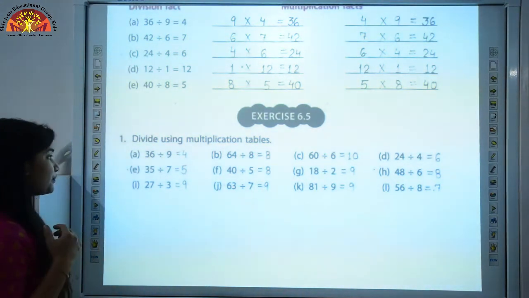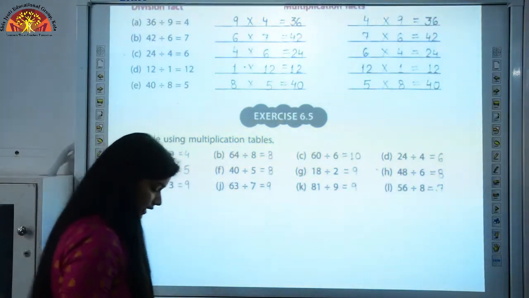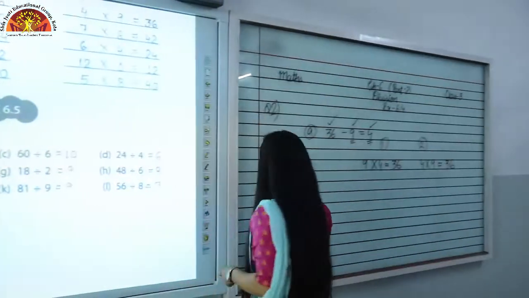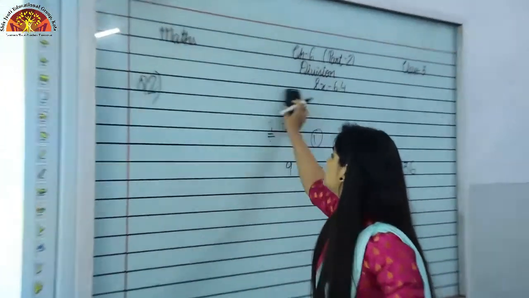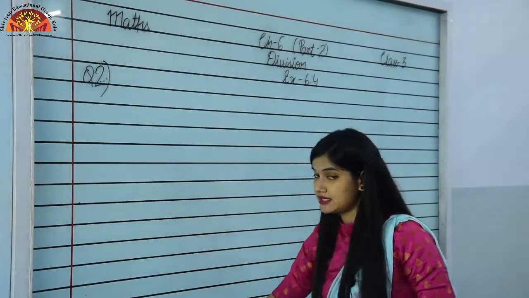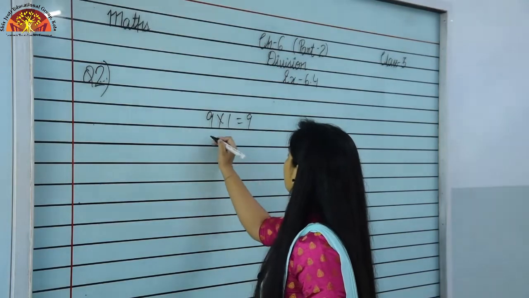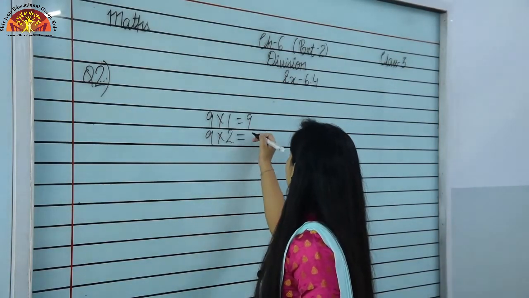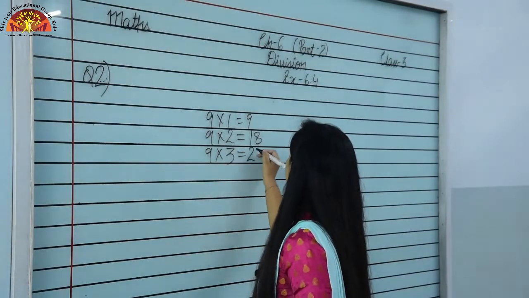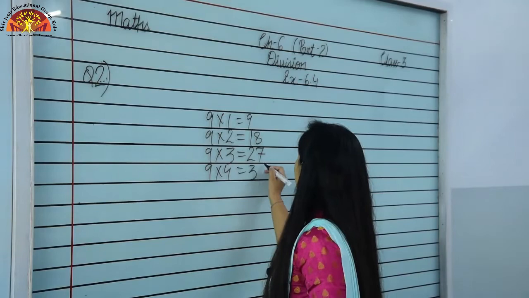So just look here, 9 1s are 9, 9 2s are 18, 9 3s are 27 and 9 4s are 36.